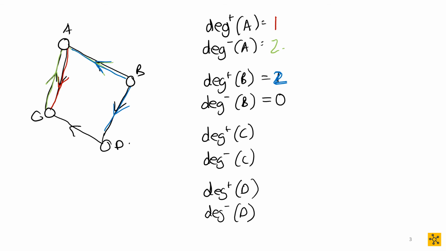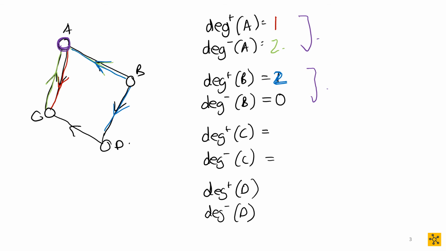How can I easily see if I made a mistake? I can look at the traditional concept, say this wasn't a digraph, and look at A. The degree of A would have been 3, so my in and out degrees should add up to 3. The original degree of B, if it wasn't a digraph, was 2, so its in and out degrees should add up to 2. That's a nice quick way to check.